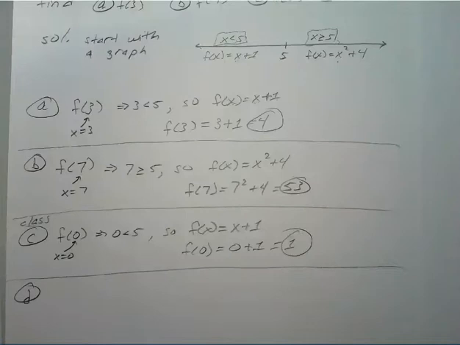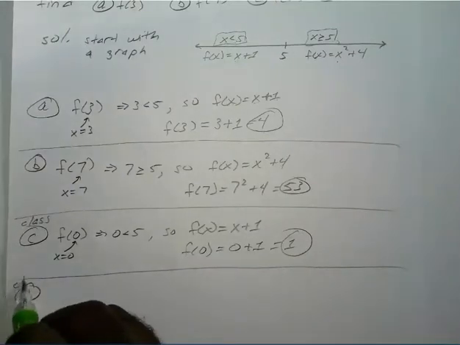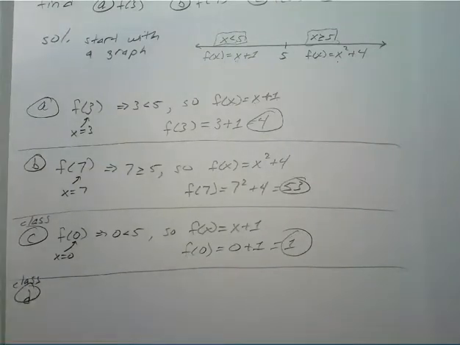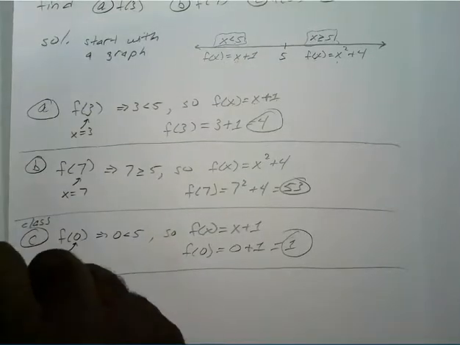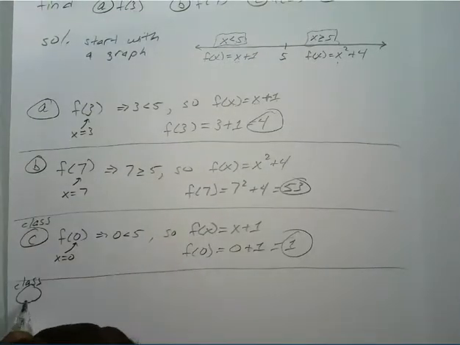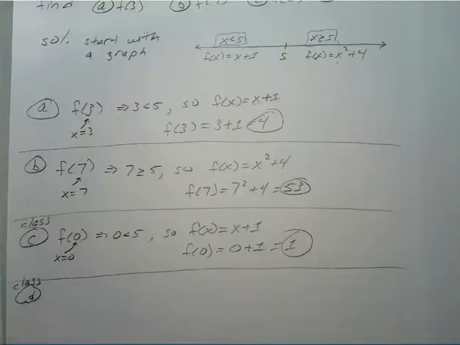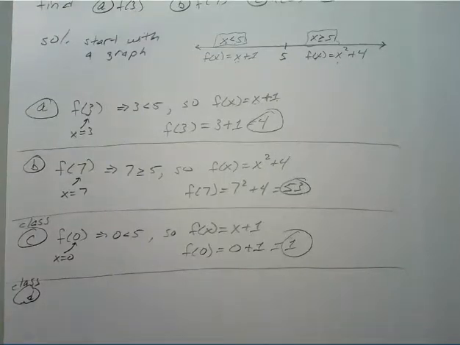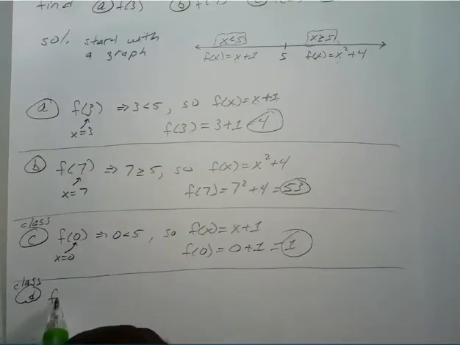Okay, so if you think you got the hang of it, go ahead and press pause and try problem D. Let me clean up that D a little bit. Alright, so assuming you've pressed pause and you've already worked this one out, let's verify your answer.